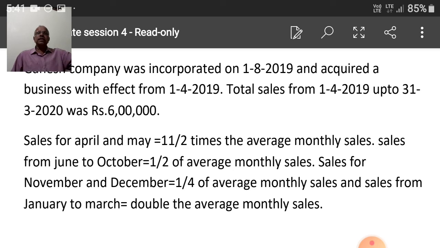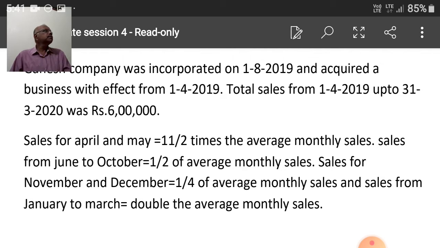The total sales is 6 lakh. Firstly, we need to calculate the average sales, and after that we calculate the sales for each month.